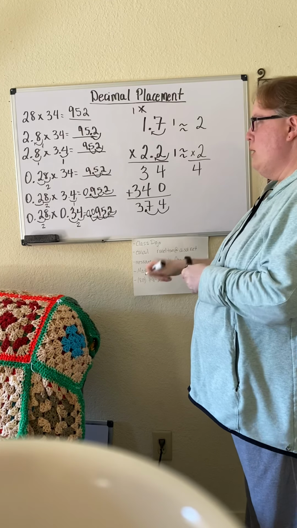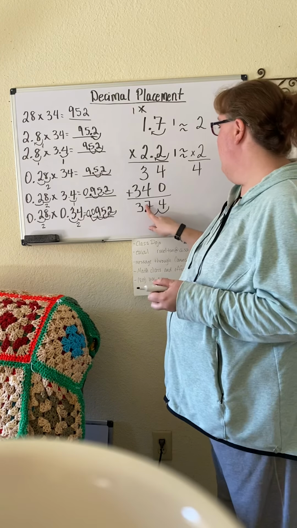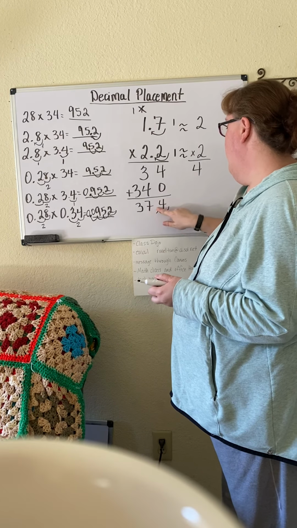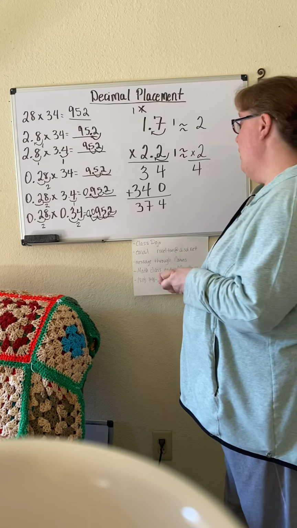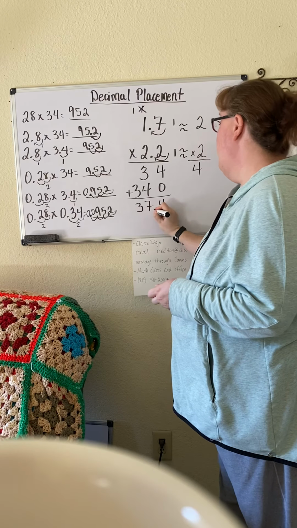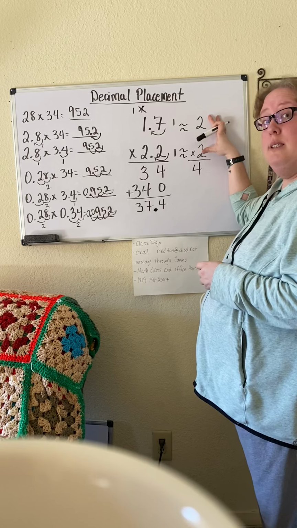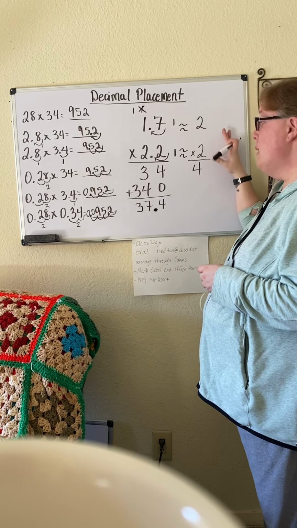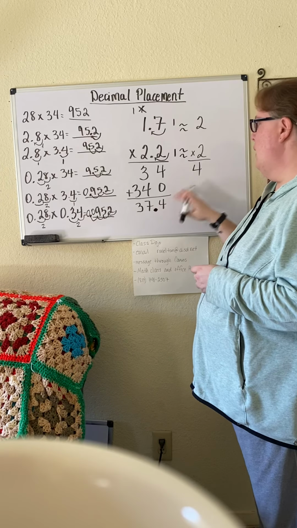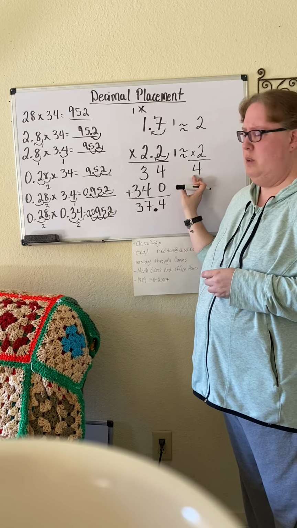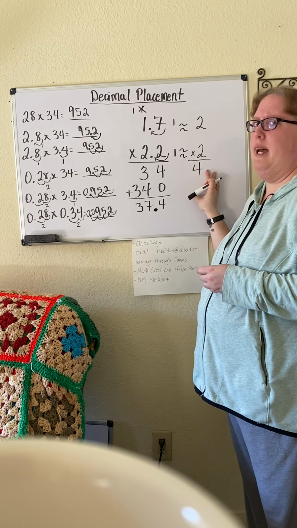You always want to double check and make sure that your answer is reasonable, because what if down here I accidentally line them up, okay, instead of counting, and now my decimal is there, okay? Well, if I'm doing this and checking for reasonableness, and I look at this and I go, ooh, 37 4/10, that is nowhere near 4, okay? And I know I did my estimating right, so I know my answer has to be close to that, okay?